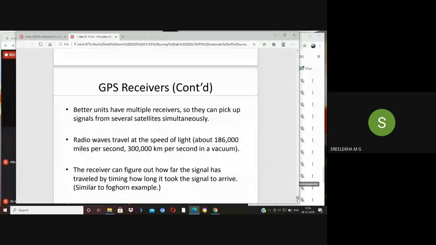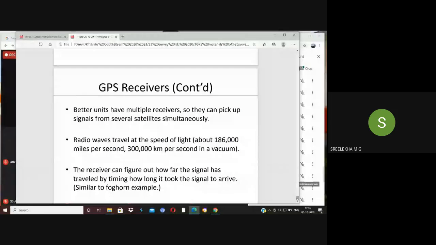Based on this speed, whatever the distance of that satellite from our GPS location can be traced by means of the equation. Distance is equal to speed into time taken. What is the time taken for the radio waves to travel from the source to reach the GPS receiver?